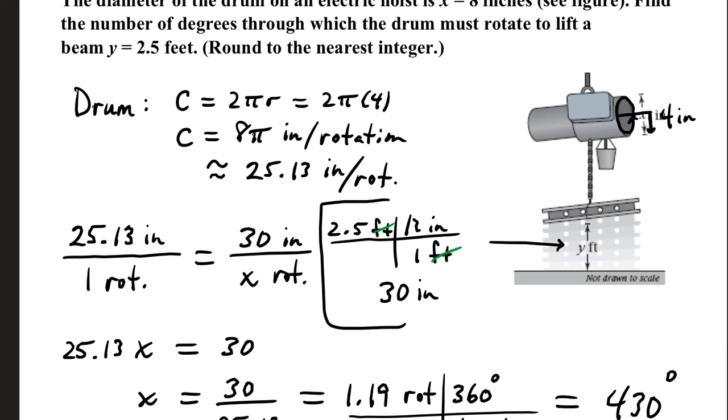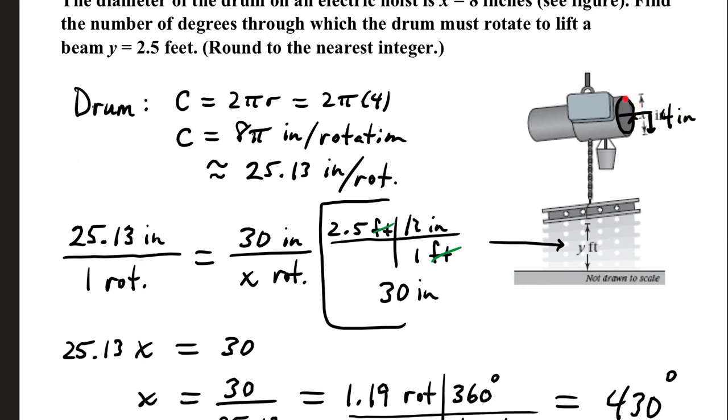Because 1 foot is equal to 12 inches, I can cancel the feet when I set up this conversion. 2.5 feet times 12 inches per foot gives us 30 inches. Now this drum, when it rotates once, because it has a diameter of 8 inches, it has a radius of 4.